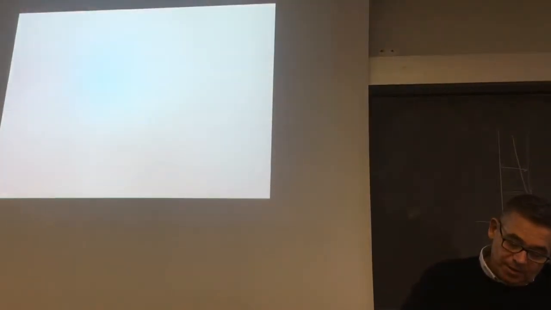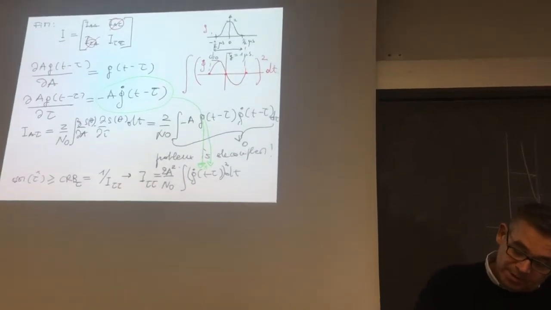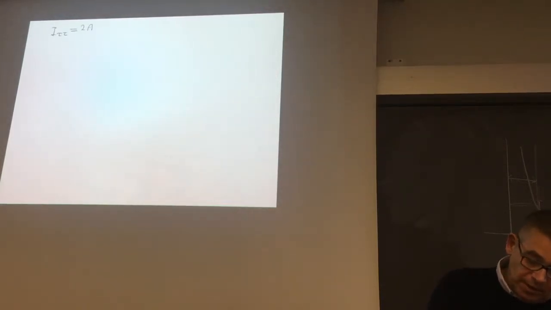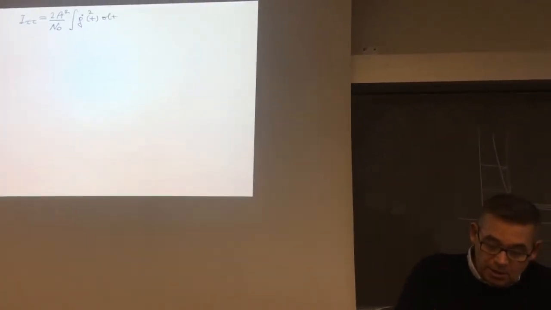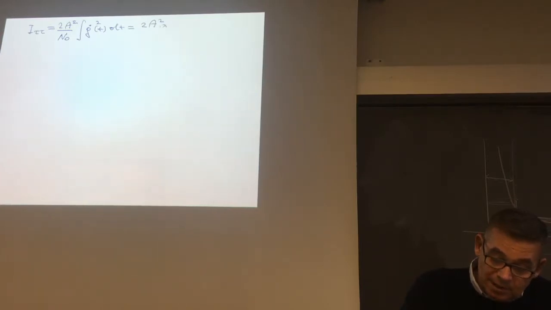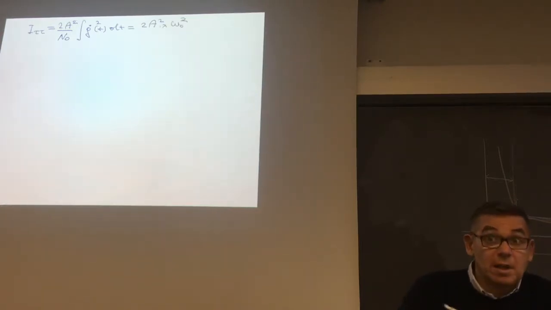So let me copy. I have I tau tau, which is equal to 2a squared divided by n0. Then I have the integral of g prime t dt squared. But this is equal to the amplitude, so it is 2 times a0 times omega 0 squared, because it's a square.